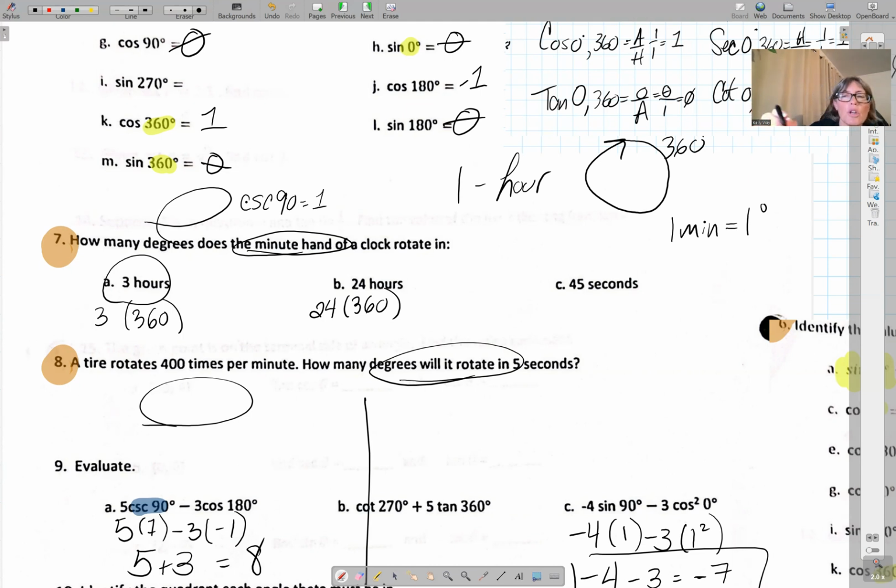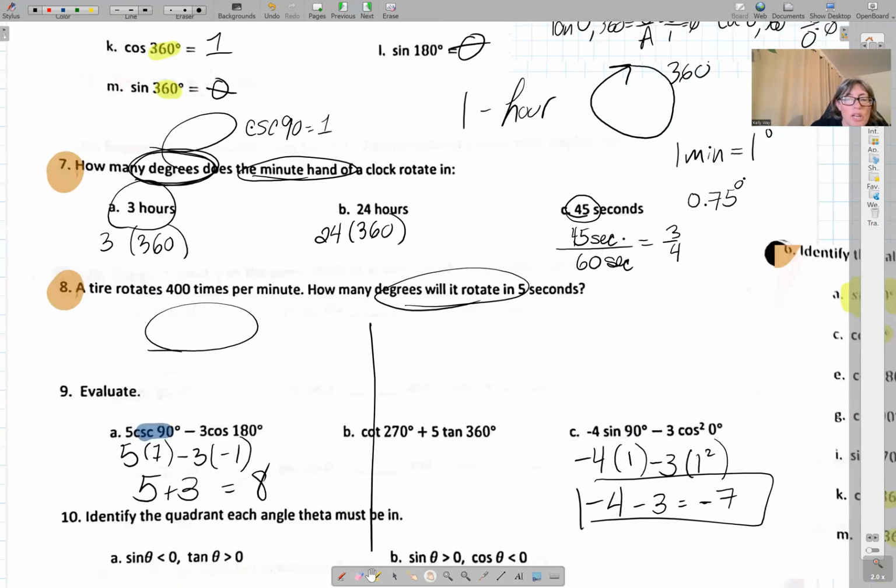So 45 seconds, it's asking how many degrees. 45 seconds out of 60 seconds equals, and then you reduce, of course, and that's going to be 3/4, and 3/4 is 0.75 degrees for 45 seconds.